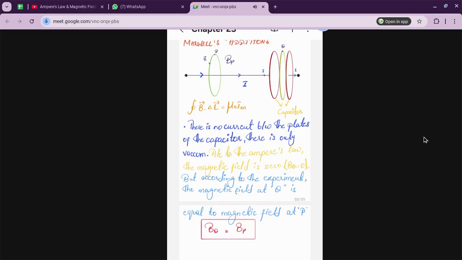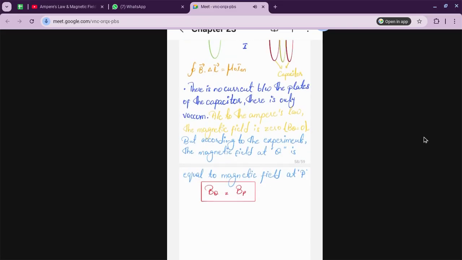So now what Maxwell explains is that maybe current is not the only thing that generates a magnetic field. This is a very important point.